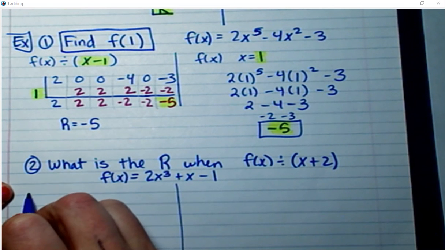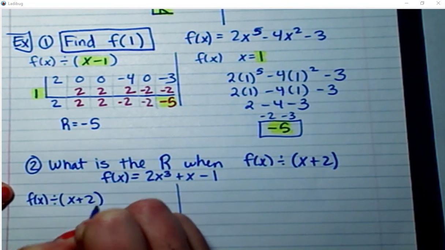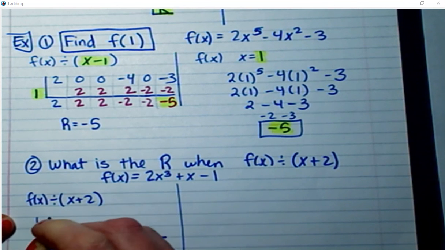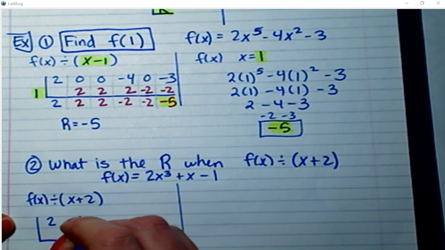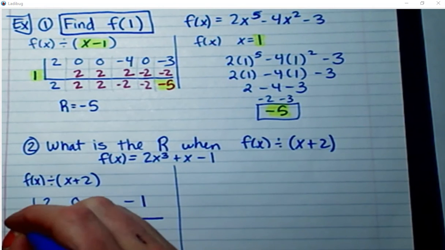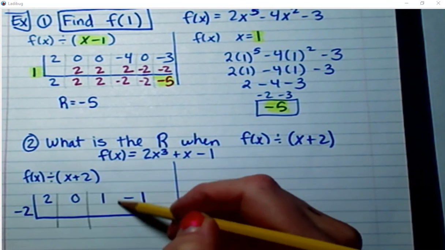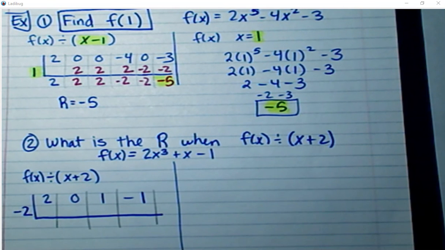So over here, I'm going to do the division. 2, 0, 1, -1. Put my number out here. Synthetic division is not the part we're focusing on now. Now it's interpreting the different pieces of it.